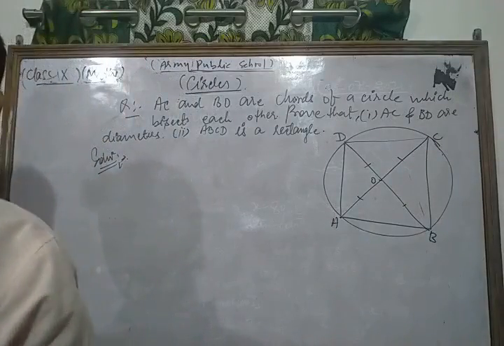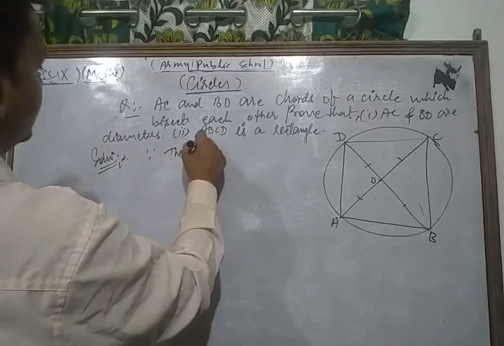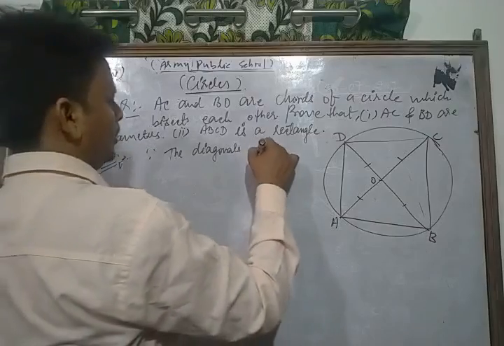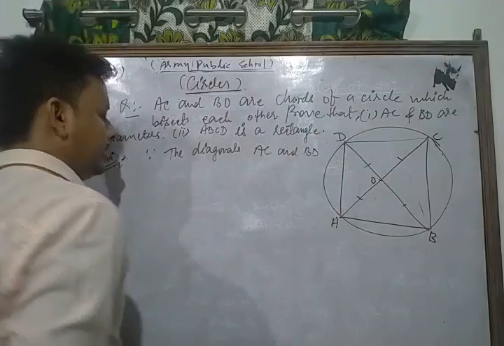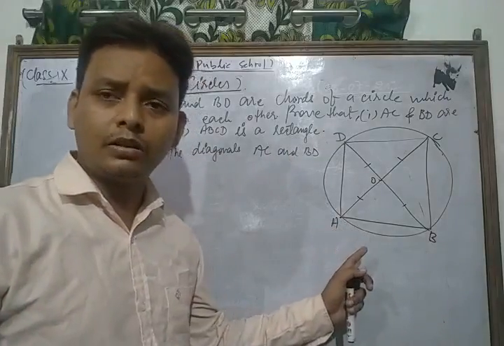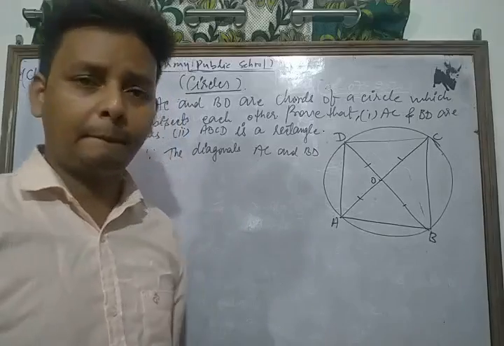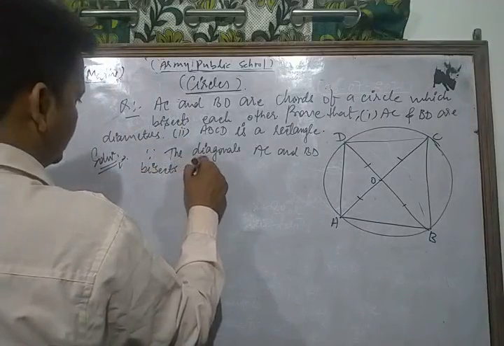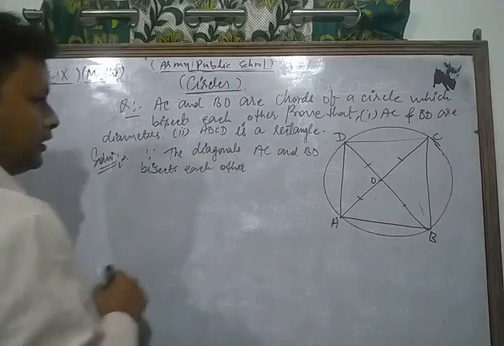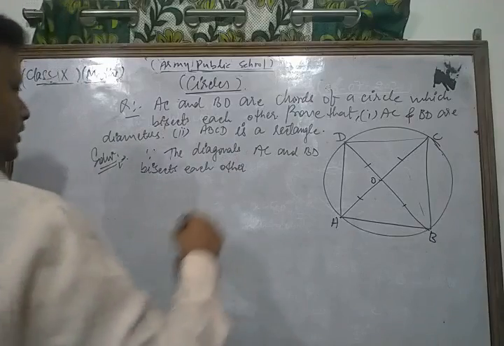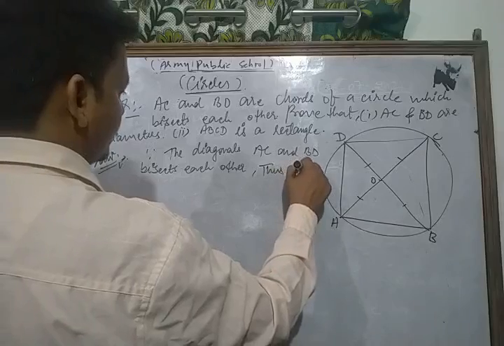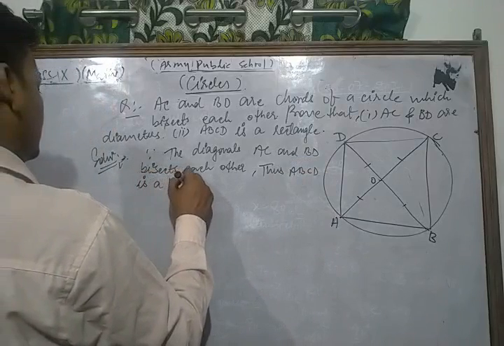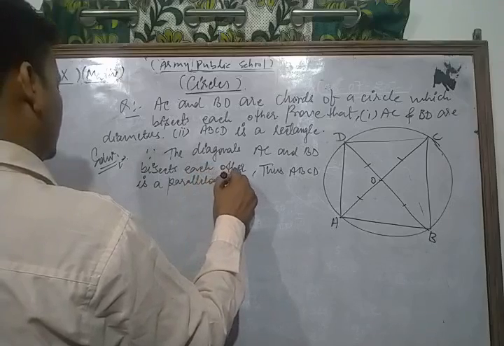Dear students, since the diagonals AC and BD bisect each other, ABCD is a parallelogram.